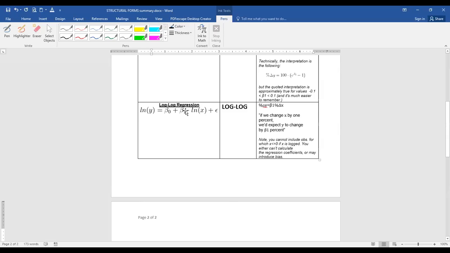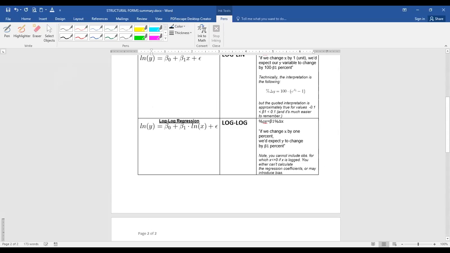Okay, so log, guys. Ano ibig sabihin ng log? How do we interpret this? So log of y and then log of x. Pareho silang nakalog. So the way you interpret that is this way. Pag nakalog, guys, lalagyan natin ng percent, tapos wala nang units yun.